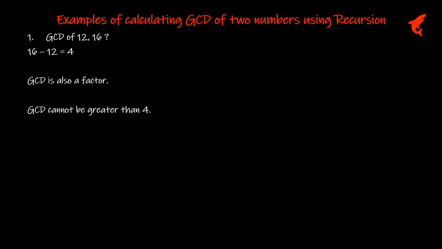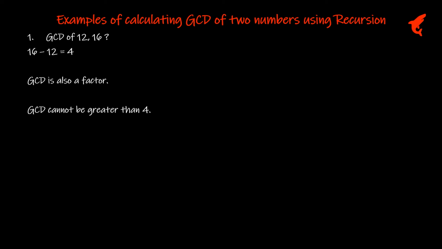Okay, so based on our assumption, because 5 is a factor of 12, 5 can divide 12 completely, and if we add 5 to 12 we get 17, but this value is greater than 16 and therefore 5 won't be able to divide 16. So that is why 5 cannot be the GCD, and 5 therefore cannot be a factor of 12 also.